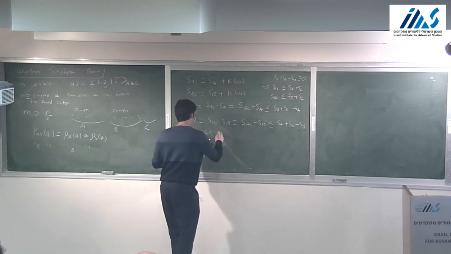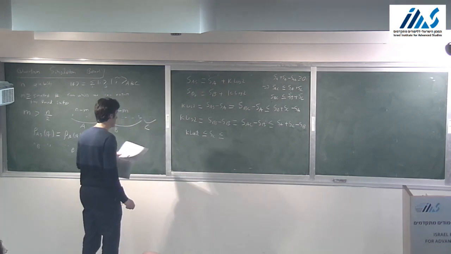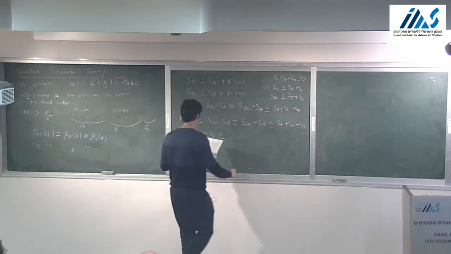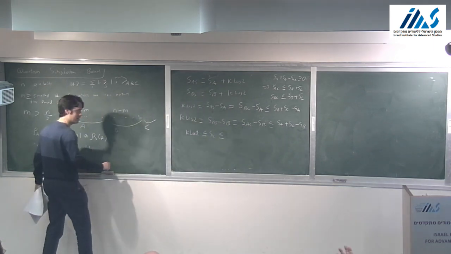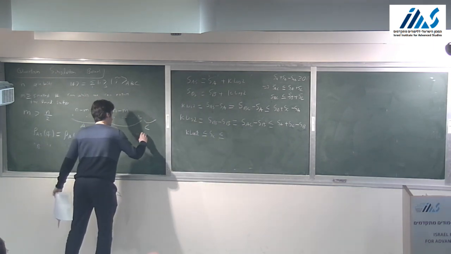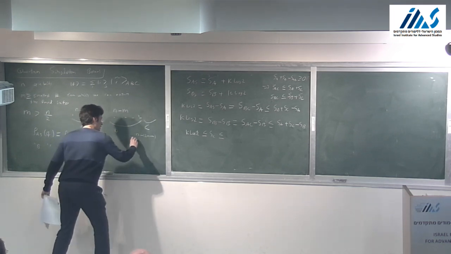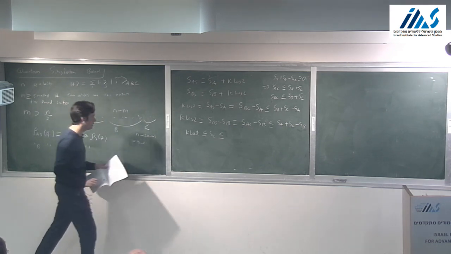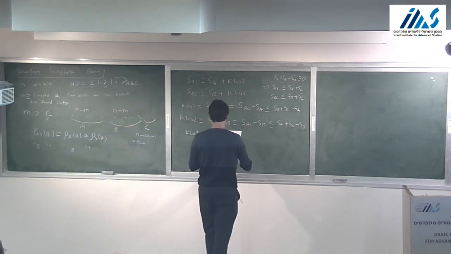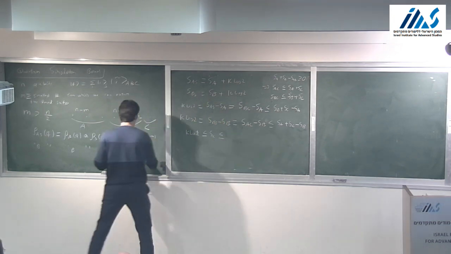And moreover, SC has to be less than or equal to the number of qubits in SC, right? It's n minus 2 times n minus m, so that's m minus n. I did something wrong.